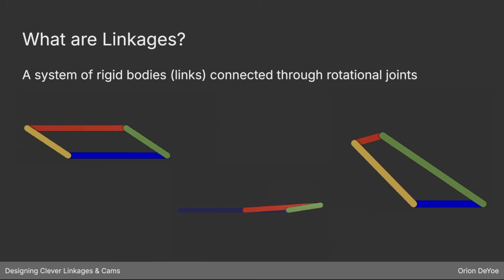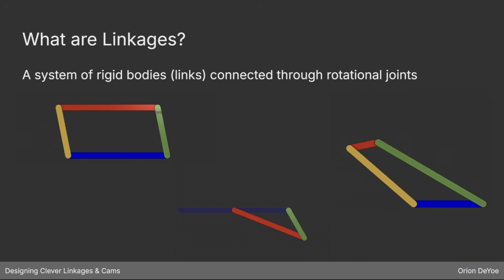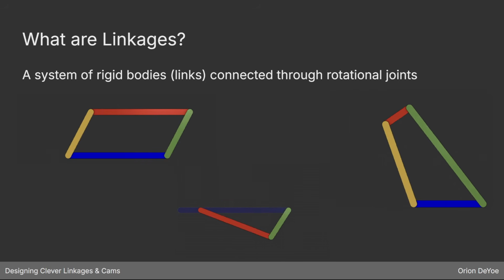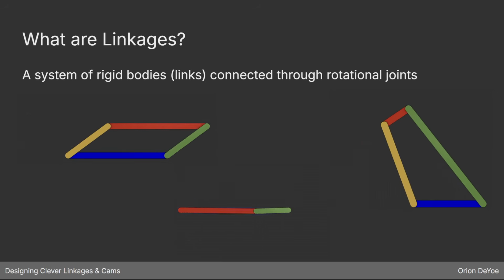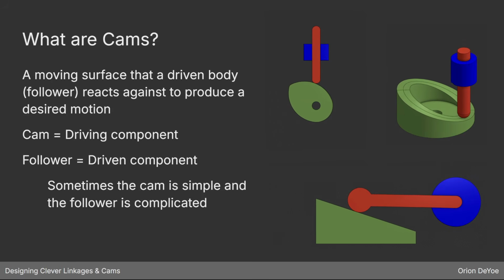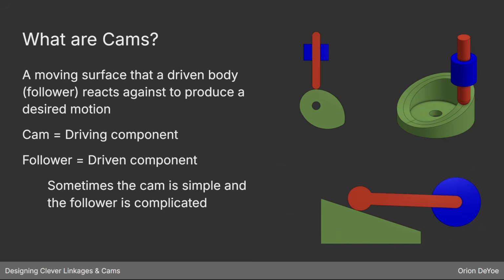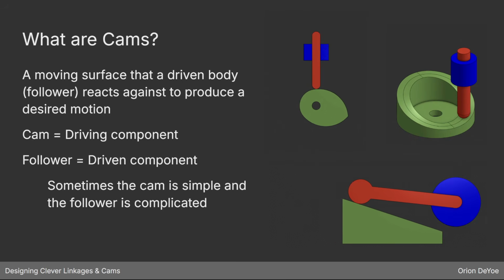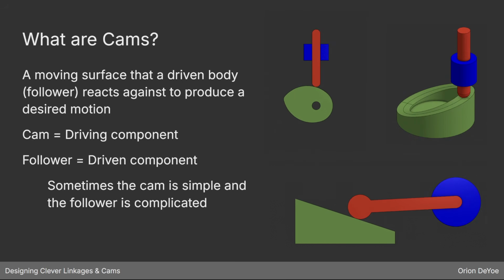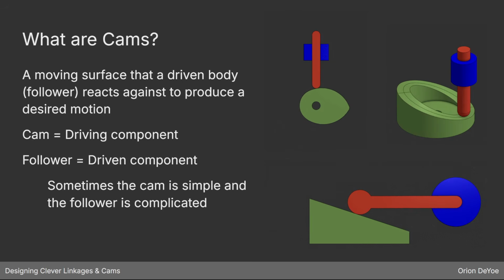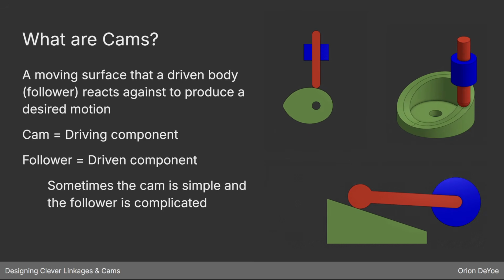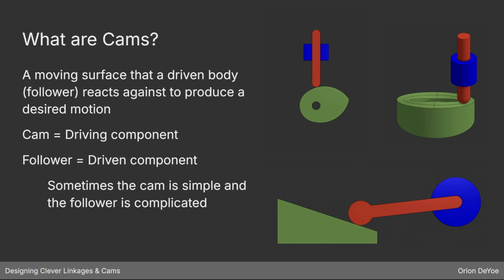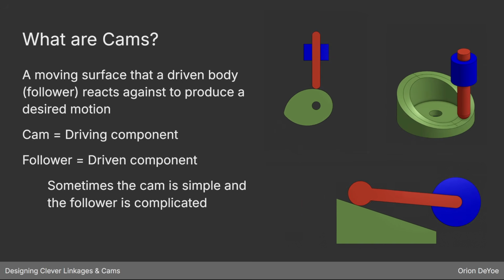They can have different numbers of links, and each of the links can be different sizes, and we'll talk about what those variations look like. Cams are a moving surface that a driven body called a follower reacts against to produce some motion that you want. The key thing here is that the cam is the driving part and the follower is the driven part.